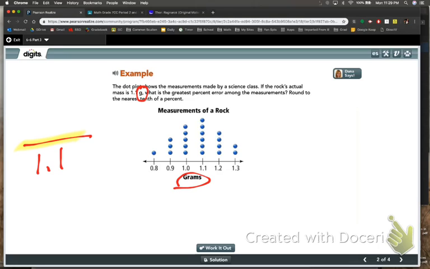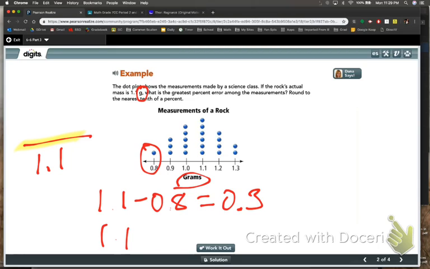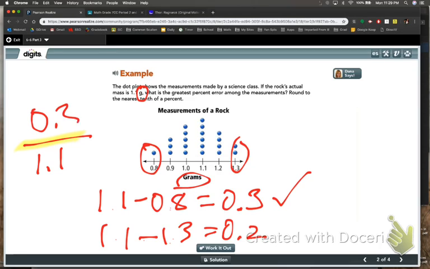So we have to look at whether there's a bigger distance: 1.1 minus 0.8, which ends up being 0.3, at the minimum. And then the maximum right here, minus 1.3, that's 0.2. Well, gee whiz, this one looks like there's a bigger difference, so it should be on the top right here.